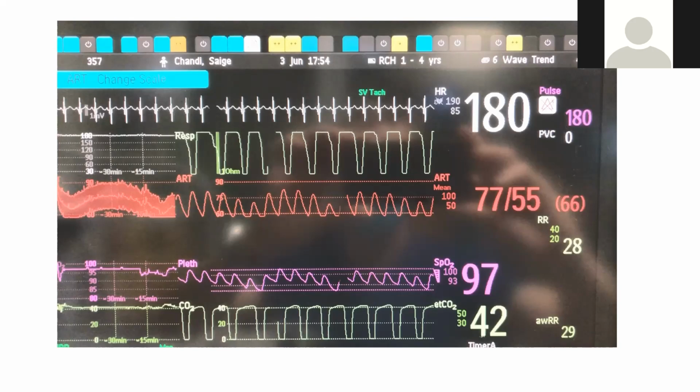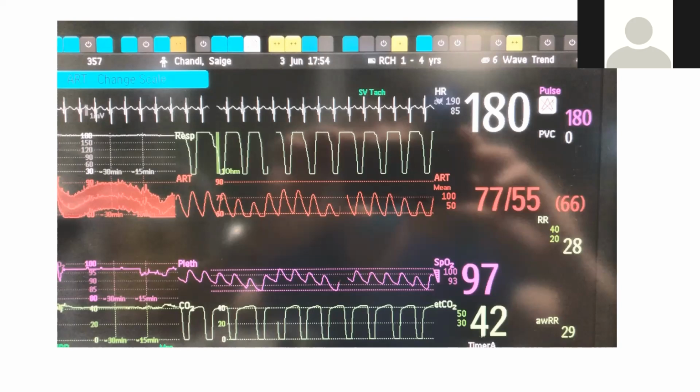When they breathe out, the intrathoracic pressure increases because they have to breathe out forcefully to breathe out properly because they've got airway obstruction.